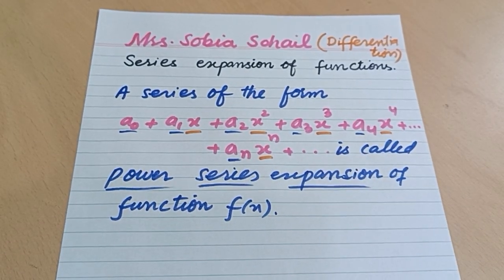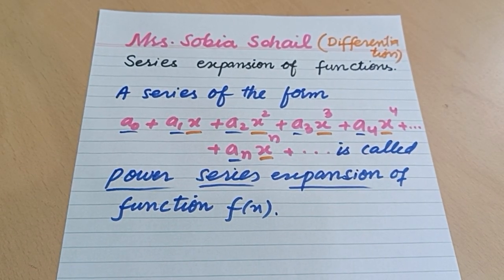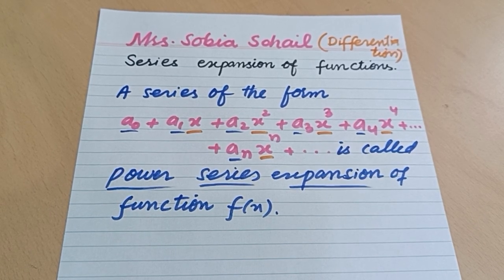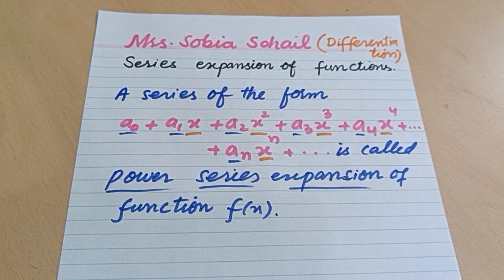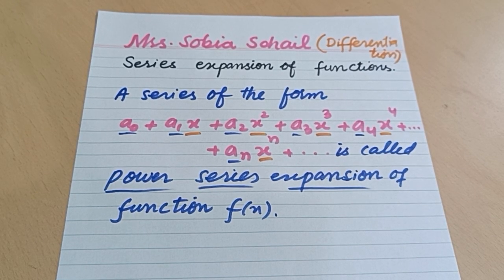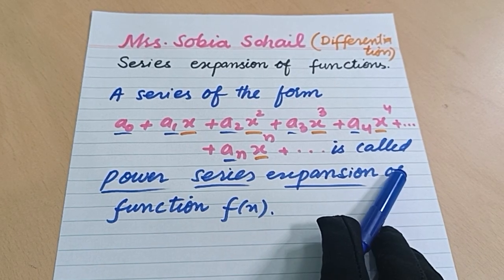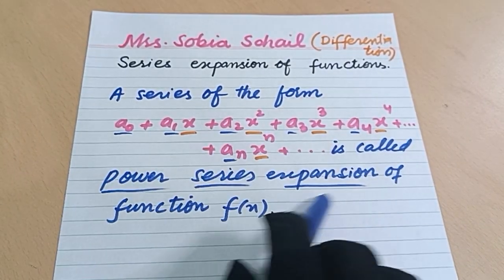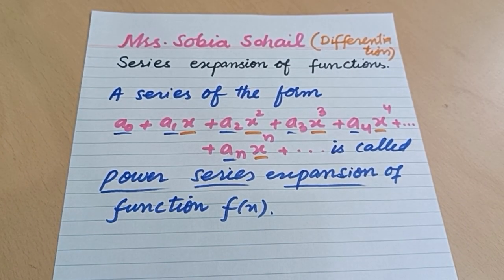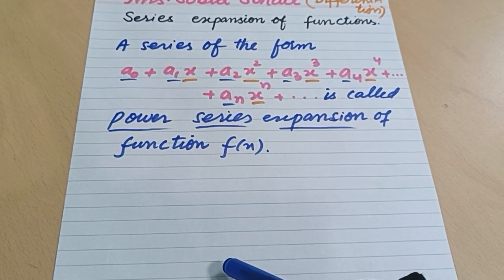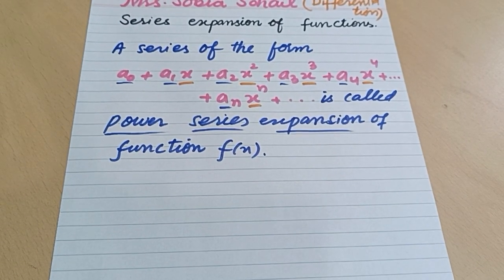If we want to determine the coefficients to specify the power series, we will find the successive derivatives of this power series and evaluate all of them at x equal to 0. Okay, so let's start this one.